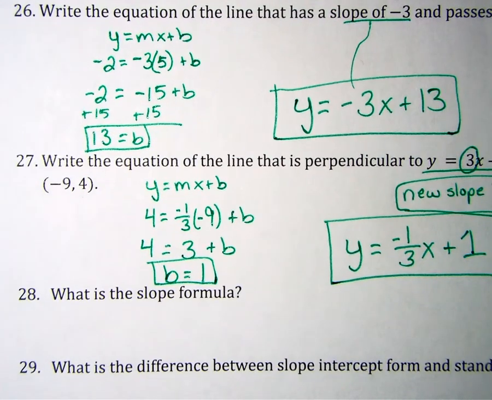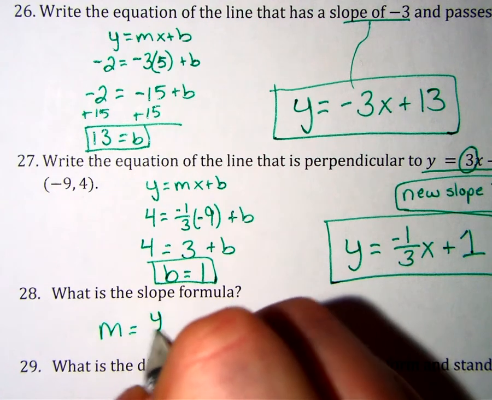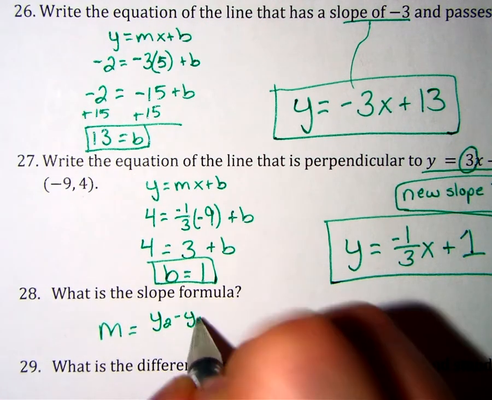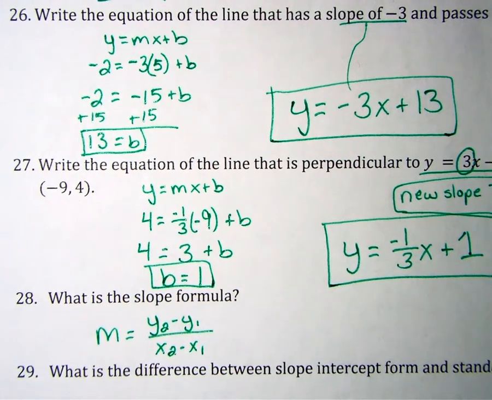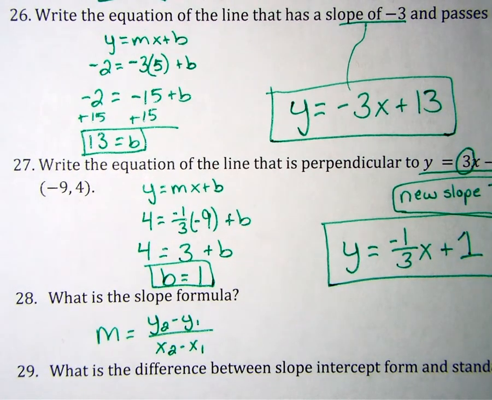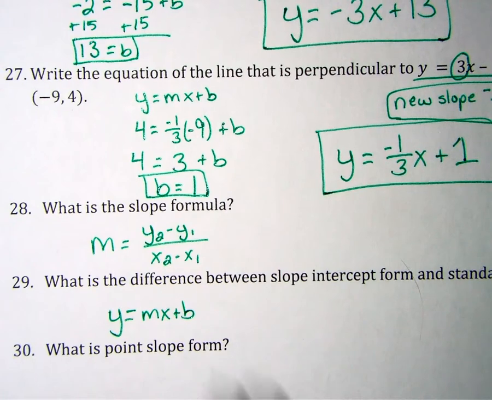Number 28, what is the slope formula? M equals y2 minus y1 over x2 minus x1. What's the difference between slope-intercept form and standard form? Well, slope-intercept form is y equals mx plus b, where the m is my slope, the b is my y-intercept, and the x is any input with y being any output.